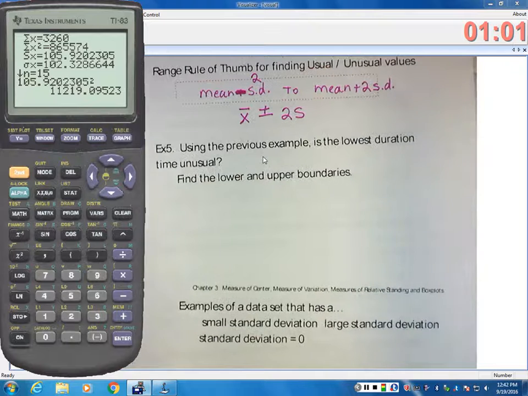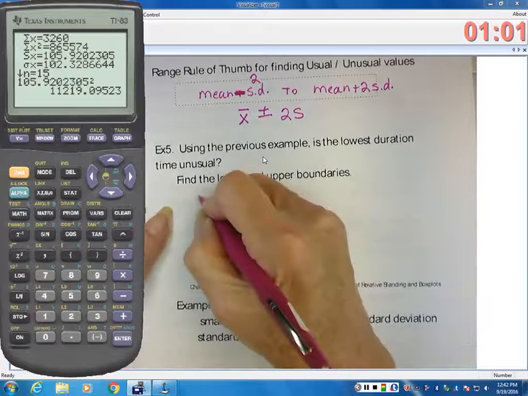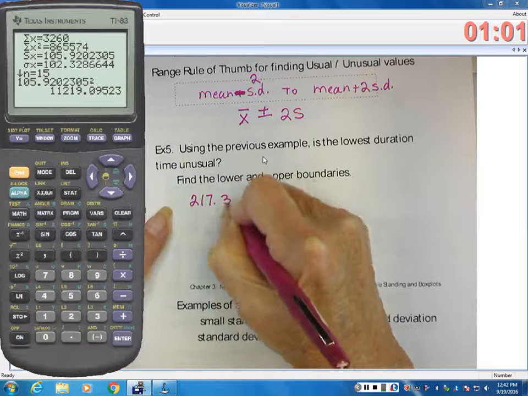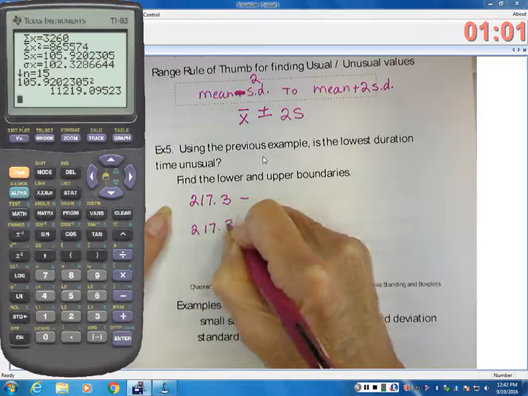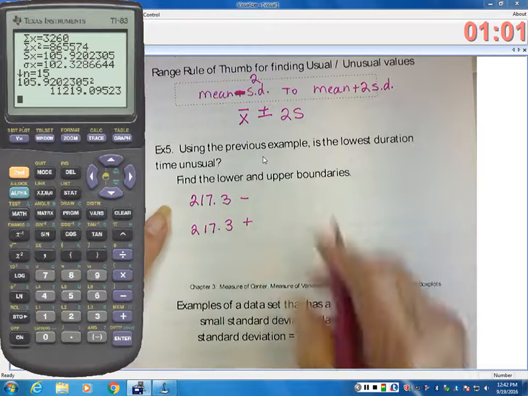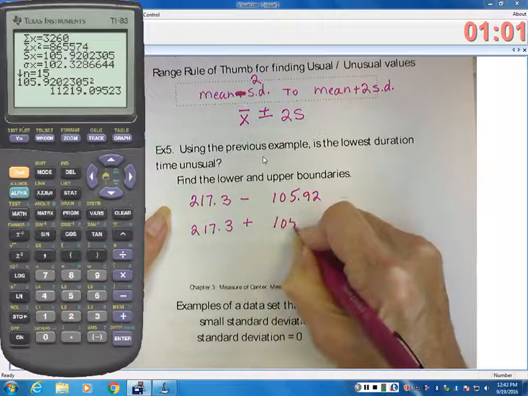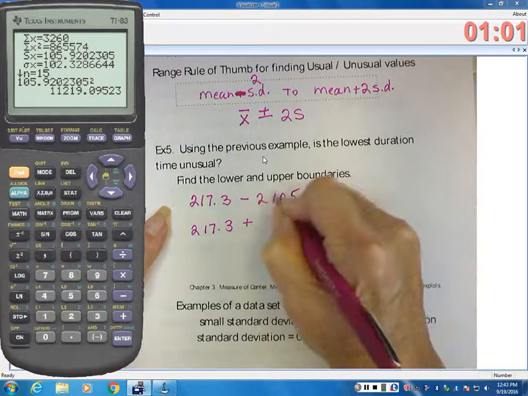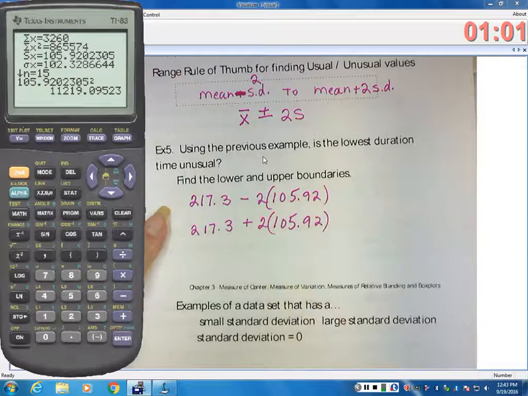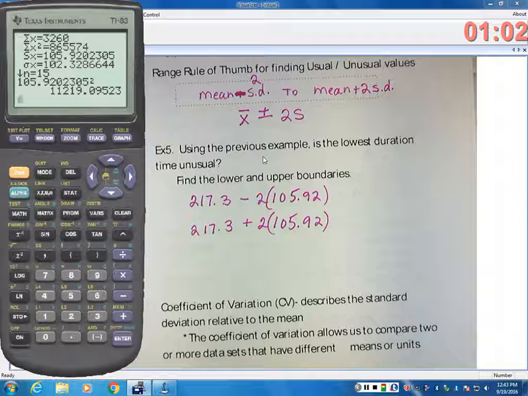So using that example, is the lowest duration time unusual? Well, the mean was 217.3. And the standard deviation was 105.92. So we will calculate those two boundaries. So let's do the lower one first, so we'll minus.